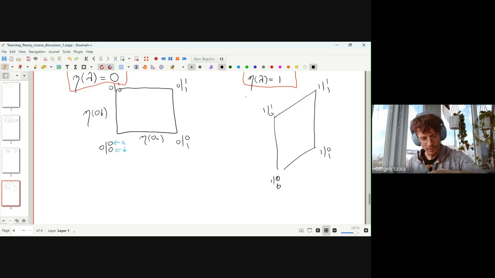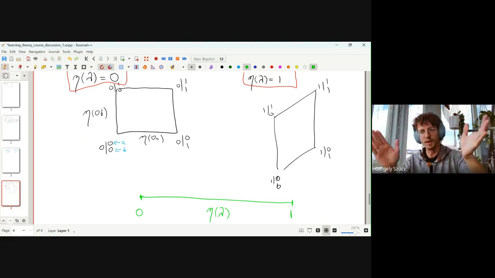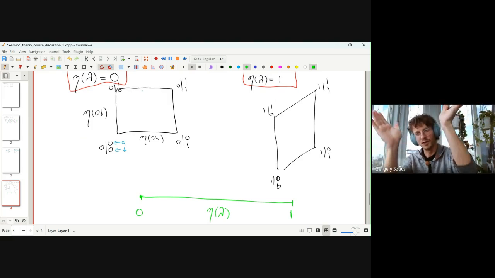The actual polytope comes with a projection onto eta of lambda, where this square happened when eta of lambda was 0 with probability 1, and this side was when it's 1 with probability 1. If you end up connecting this up, the way to think of this is that we have these two squares. You can imagine they sit in a 4-dimensional space, orthogonal to each other.